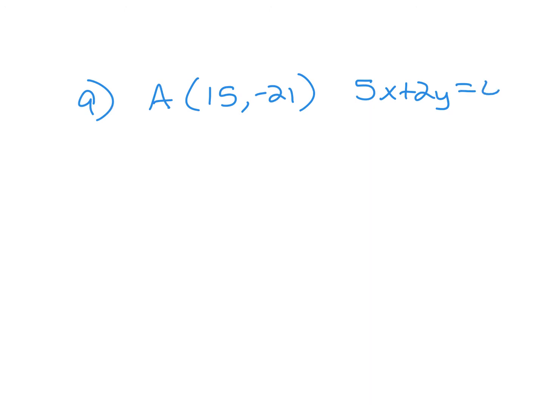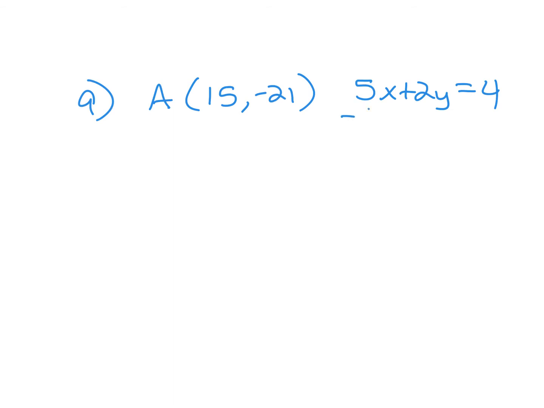So this is number 9 from last night's homework. The ordered pair that was given is 15 and -21, and the equation that was given is 5x plus 2y equals 4. Now, remember, what I need from this equation is the slope. It's not in slope-intercept form, so I need to rearrange it.